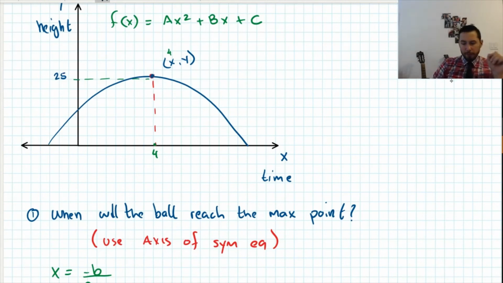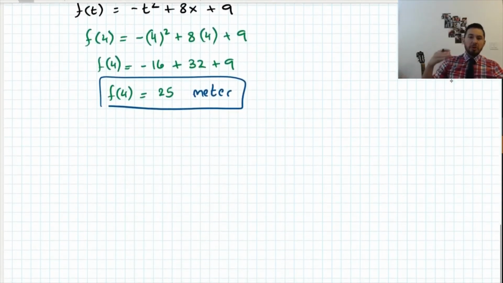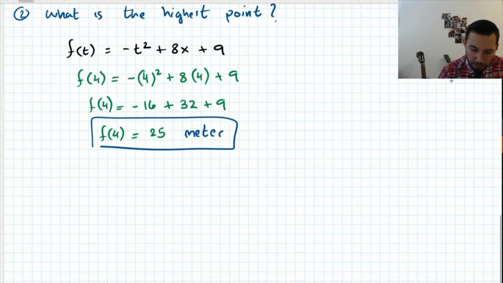Good. So 2 more things that I want to ask right off the bat is, well, what height did I start, and when did I land? So let's do where did I start. So let's do number 3.